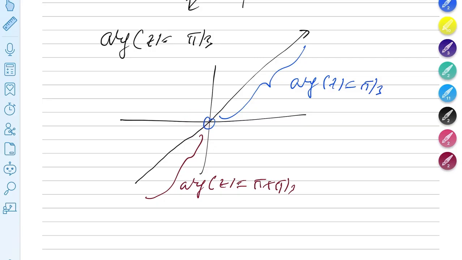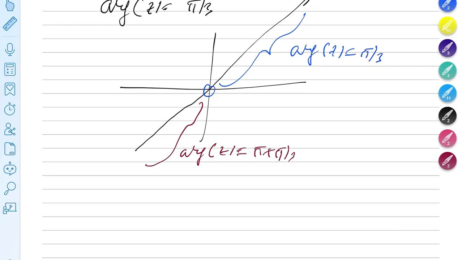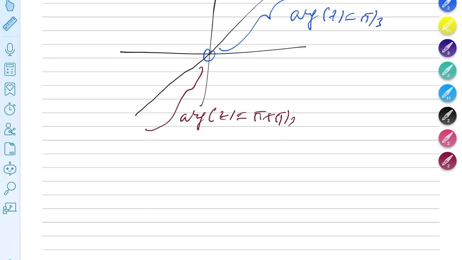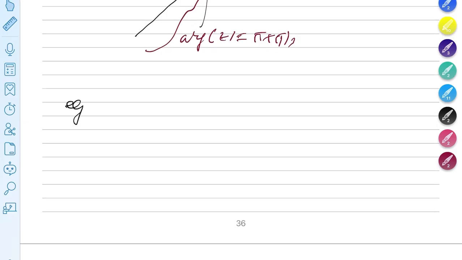Got it? So it's different. Argument of z equal to pi by 3 is not a line, it is a ray. Okay, let's take one more example, then we'll explain things.